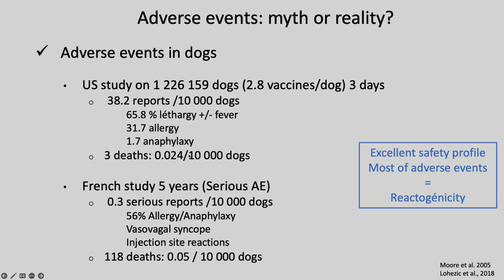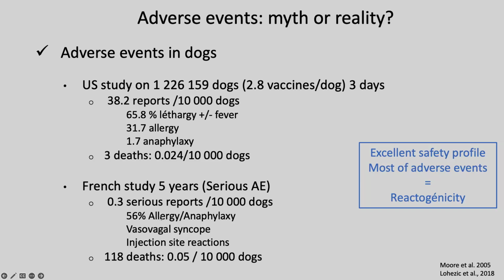And just to finish, we did a French retrospective study, once again over 5 years, in which we looked at all the serious adverse events in dogs. When looking at the serious adverse events, you see that the ratio is very low, which means 0.3 per 10,000 dogs vaccinated.